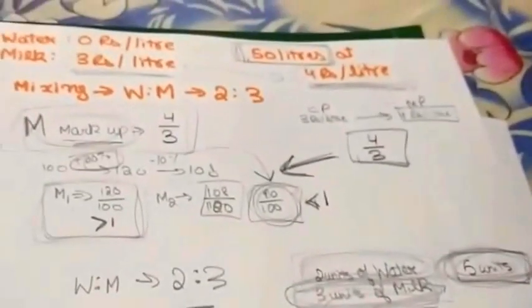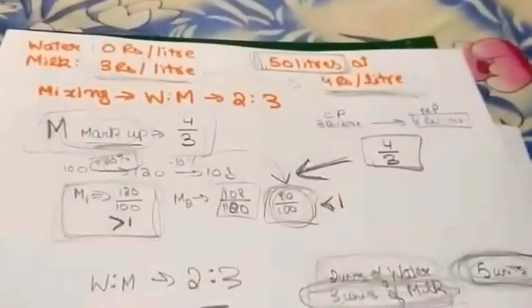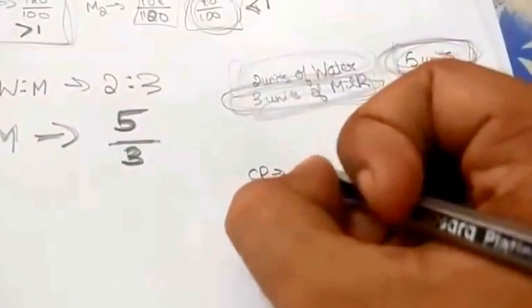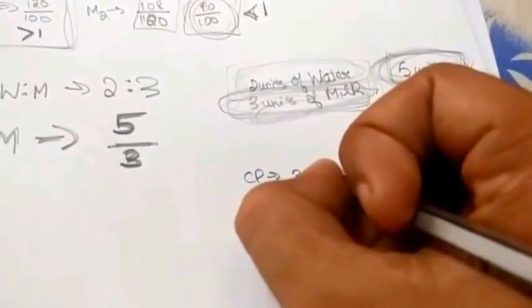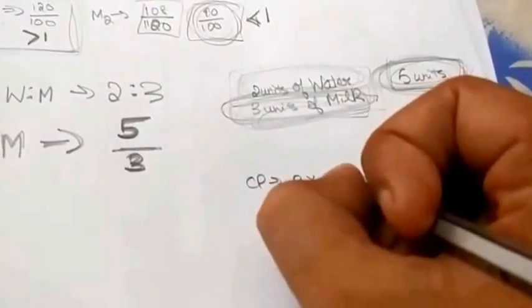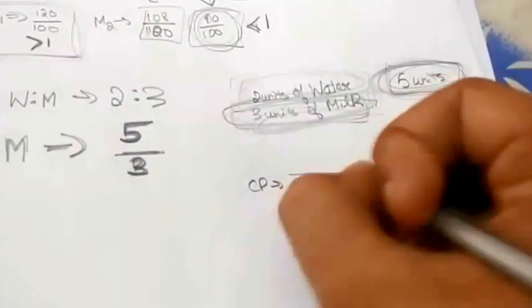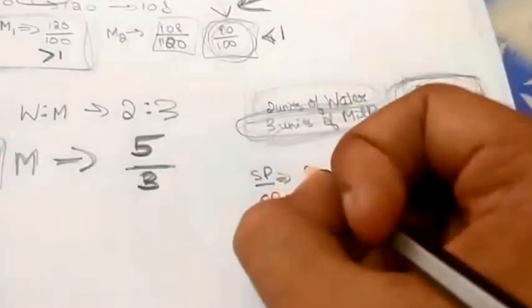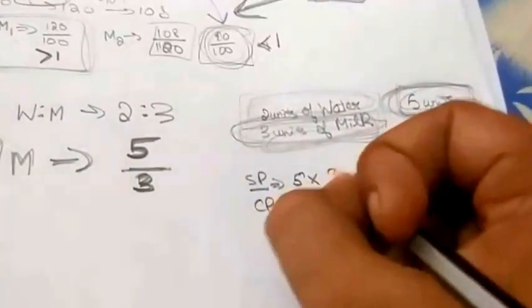Again, in this we are saying that there is no markup. To be a little more technical, if we said that the milk was 3 rupees per liter, we would say that the CP for that milkman was 3 liters into 3 rupees. And because there's no markup, the SP would be 5 units into 3 rupees.